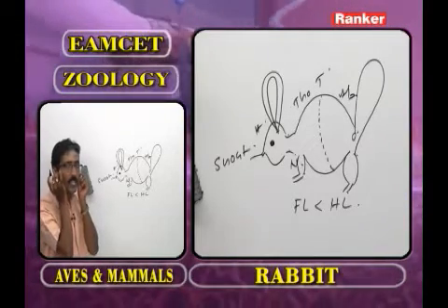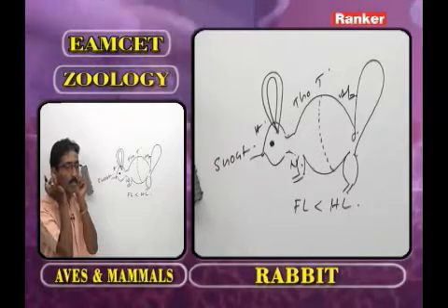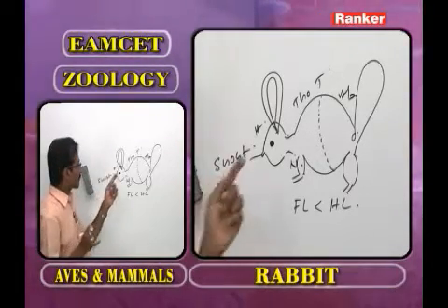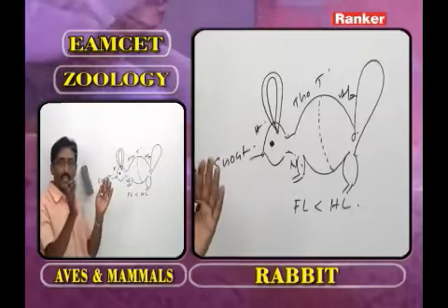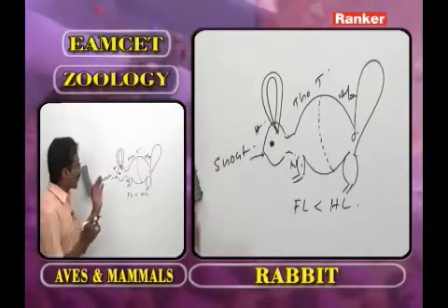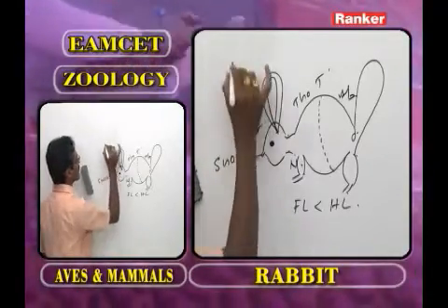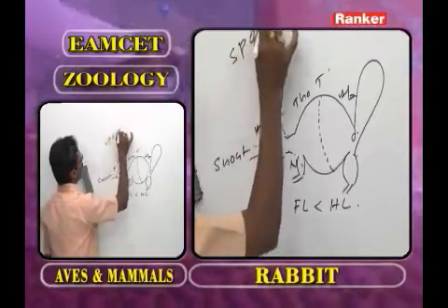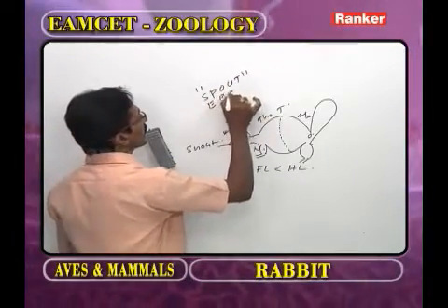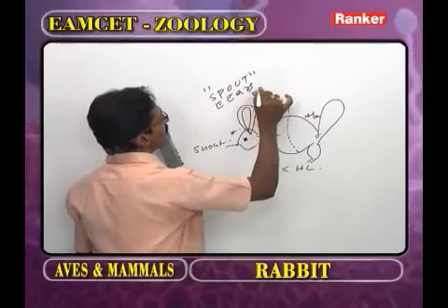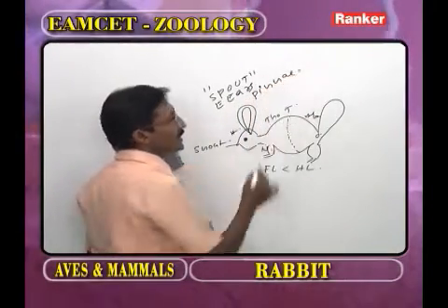So, human beings are unable to move our ears. But in the rabbit, the external ears are large. What is the shape of external ears? The shape of external ears is spout. The external ears are also called pinnae.